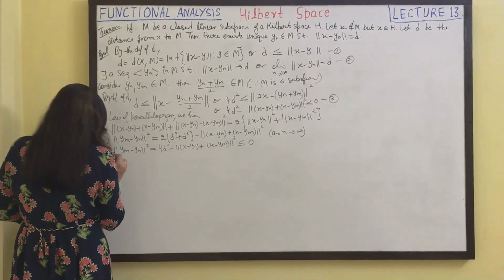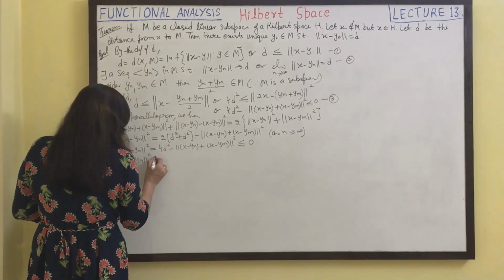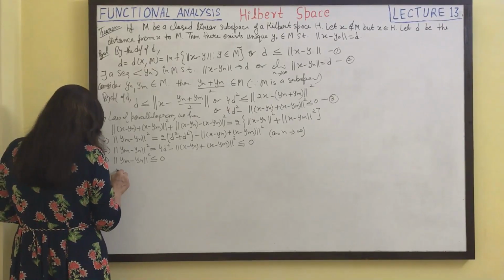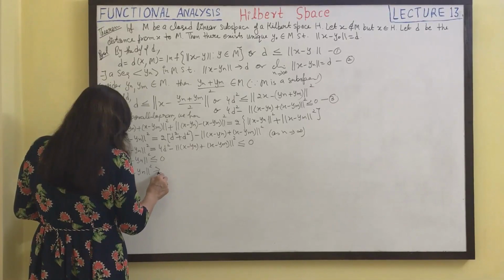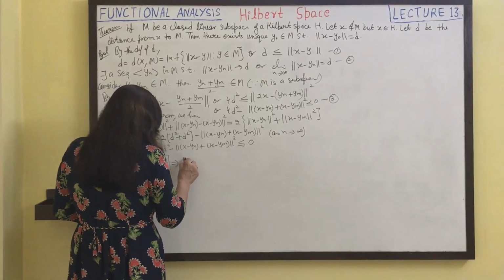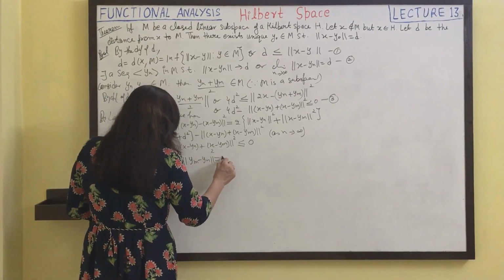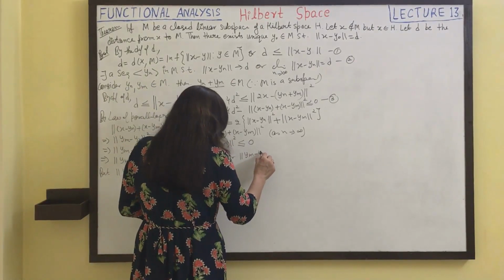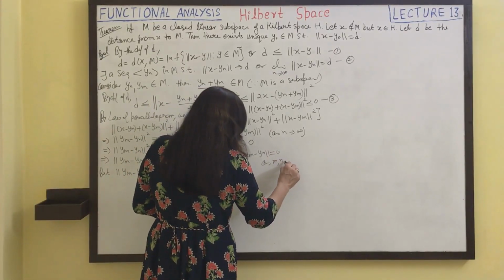So we can write norm of ym minus yn squared is less than or equal to 0, but we know that norm of ym minus yn squared is always greater than or equal to 0. This implies norm of ym minus yn squared is equal to 0, or norm of ym minus yn is equal to 0 as m, n tends to infinity.